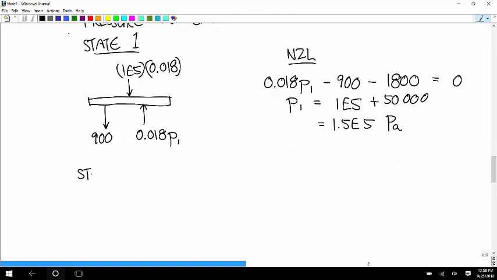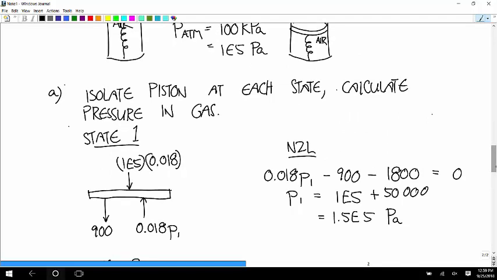And then at state 2, I'm calculating the pressure in the air that's inside the cylinder. I added atmospheric just because this is a free body diagram and I'm just using Newton's second law.